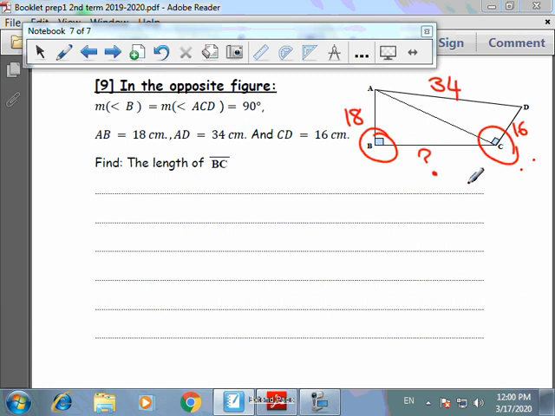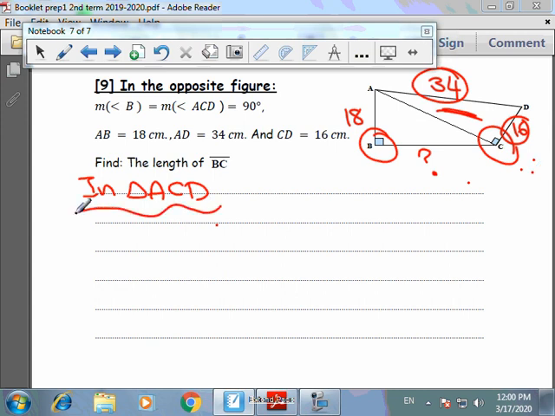Okay, let's look at those two triangles. They are two right-angled triangles. So whenever I see a right-angled triangle, I must think of Pythagoras because the only way to solve a right-angled triangle is Pythagoras. Okay, let's look at this triangle ACD. In triangle ACD, can I get AC? Yes, because I have AD equals 34, CD equals 16. So the last side is AC.